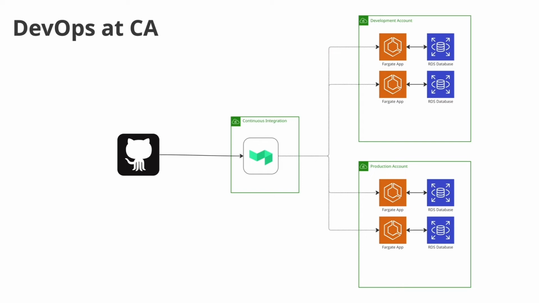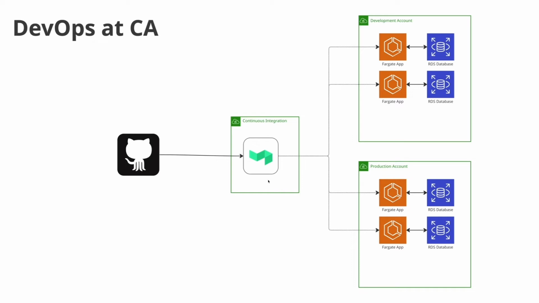So as to Culture Amp's tech stack, Culture Amp uses Buildkite very heavily. We have hundreds of build pipelines, and I think the setup is reasonably standard. Buildkite detects changes coming in from GitHub.